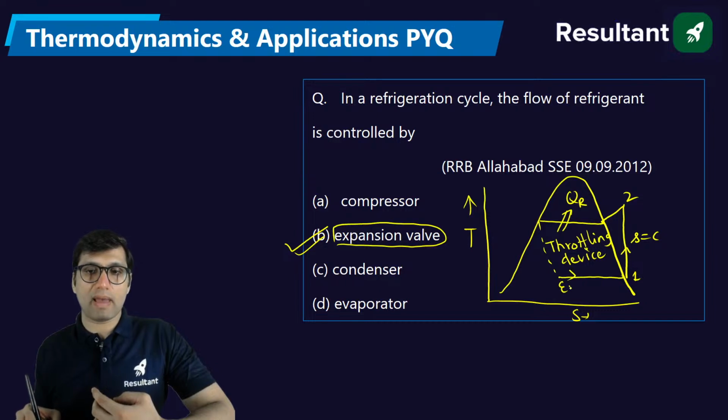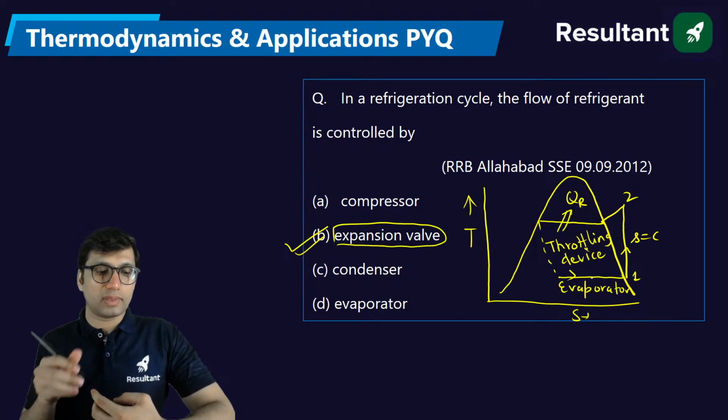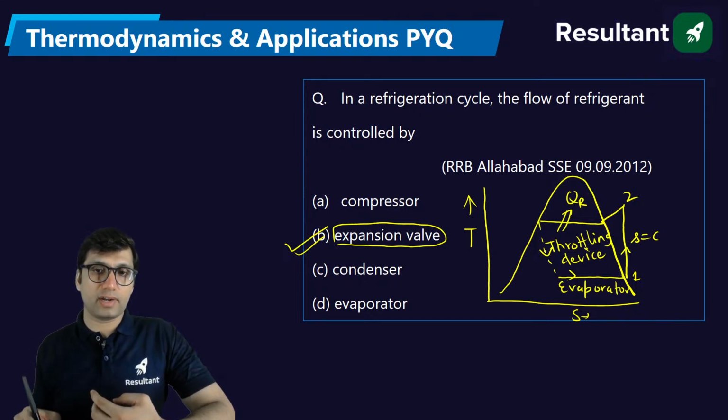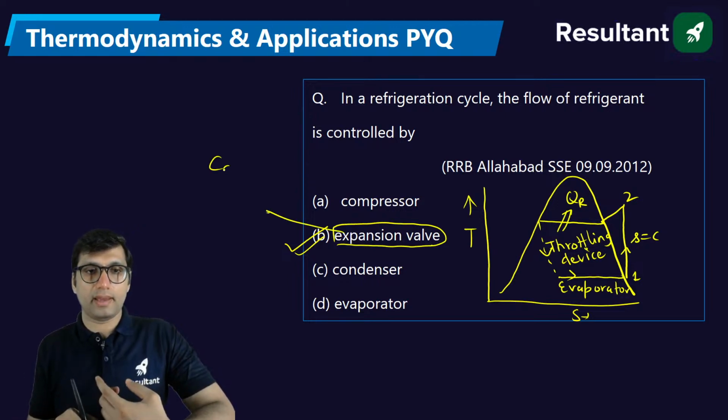To the evaporator. So basically the evaporator which is providing the cooling is receiving the chilled refrigerant after it passes through the throttling device or any expansion device, right? It can be any expansion device, whether it is a capillary tube, which is a throttling device. It can be a thermostatic expansion valve.